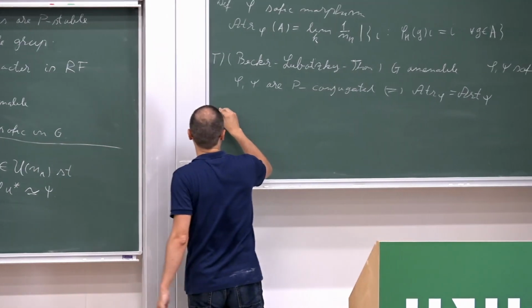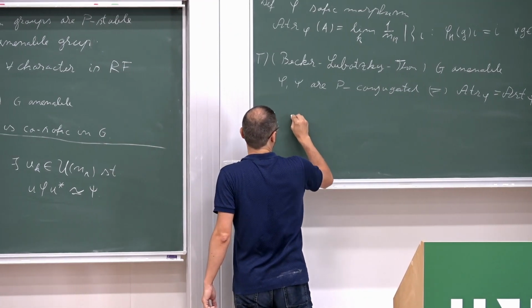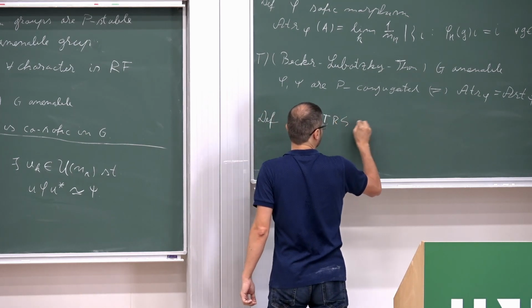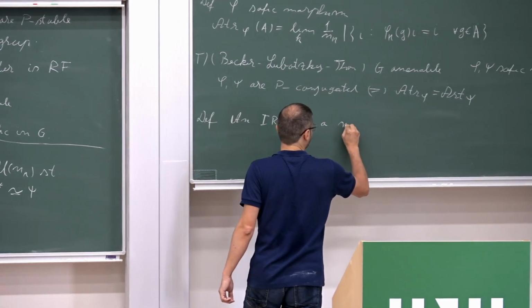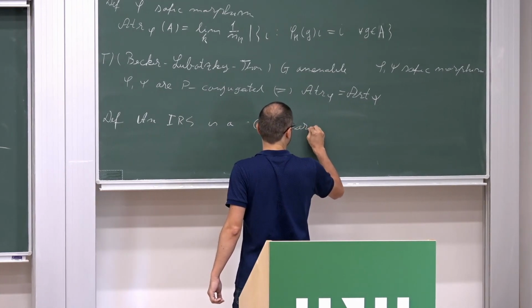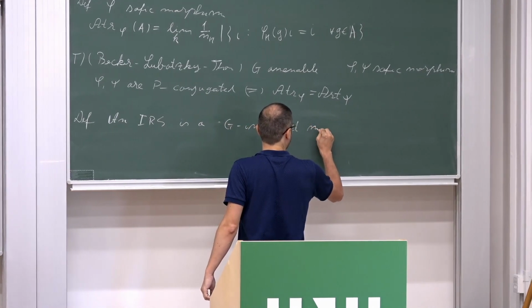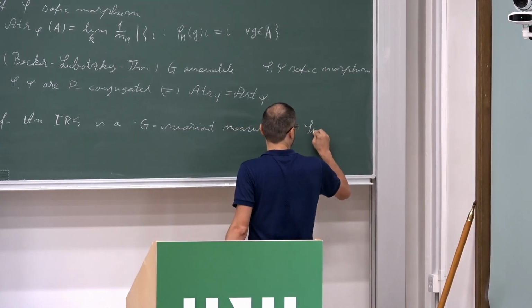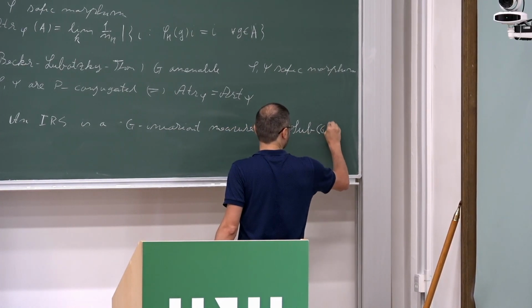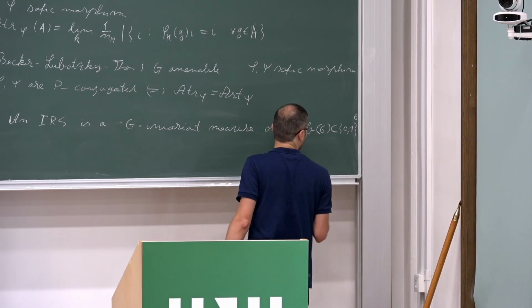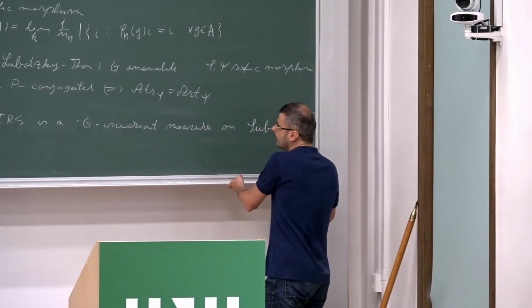So the definition of an invariant random subgroup, IRS, is a G-invariant measure on the space of subgroups of G, which you view as a topological subspace of {0,1}^G.